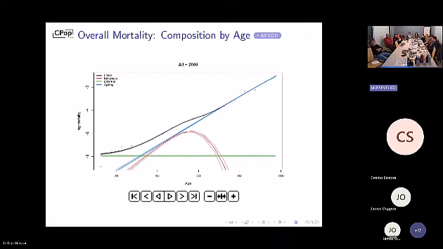Yes, we also have the results for males, but I'm not presenting them right now. For males, you're right, just because the accident hump is more pronounced, the estimates of the red thing, the behavior-related component, are much more stable.